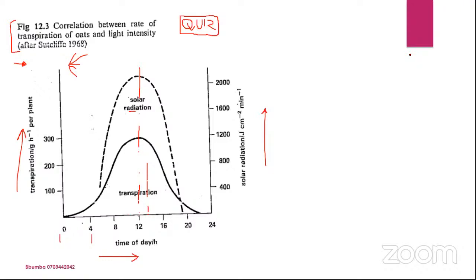And from 4 hours to 12 hours, which is midday, the sun is already out, and it has dried out the humidity which was in the air, so the rate of transpiration tends to increase rapidly. Then from 12 hours to around 16 hours, that's where we have the highest amount of sunshine.